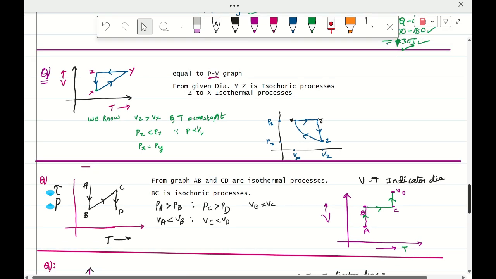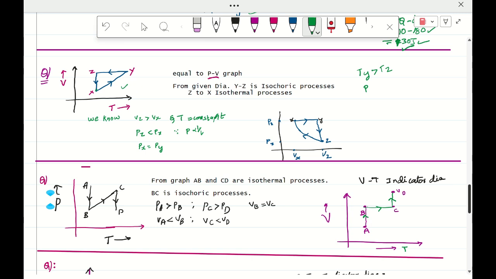Now see, this question is related to converting the given graph into the required graph. It means a VT graph is given, and it asks to convert it into a PV graph. From the given diagram, YZ represents an isochoric process because the volume is constant from Y to Z. And at Y, Ty is more than Tz.